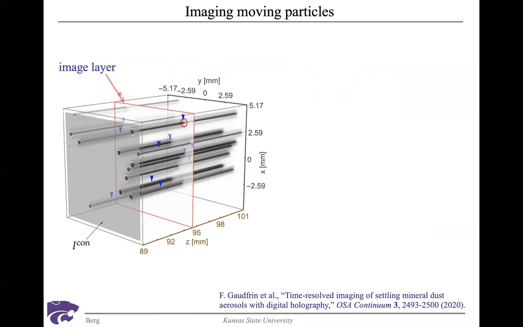Each time this reconstruction plane, where the Fresnel-Kirchhoff diffraction integral is evaluated, is located at the location of a particle, then the image comes into focus. If it's not in focus, we get these dim gray lines that are basically a blurring aspect of the particle image as we go away from the good focus plane.